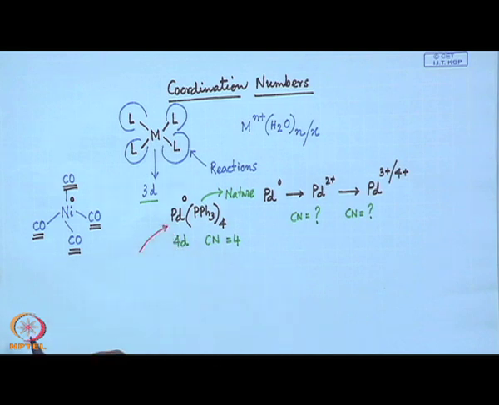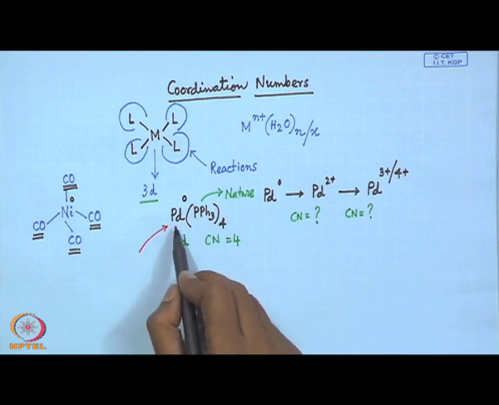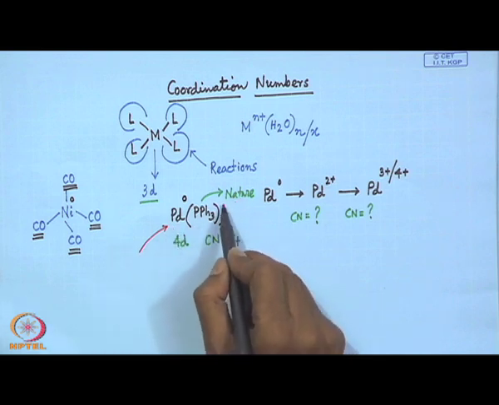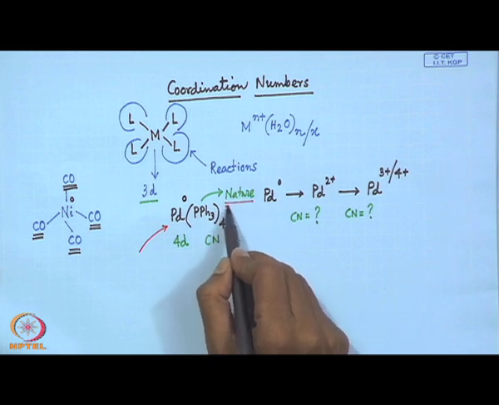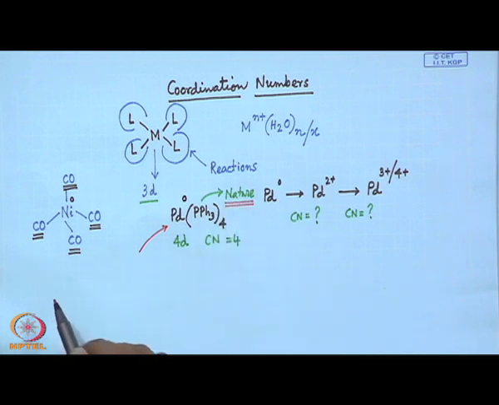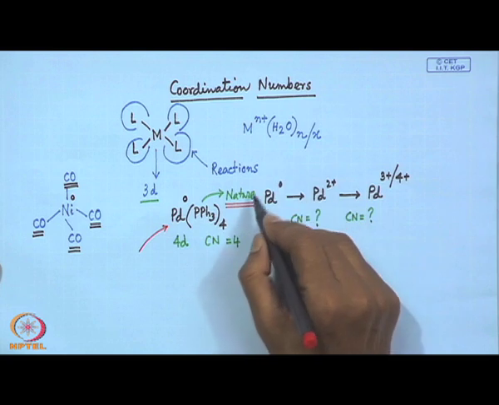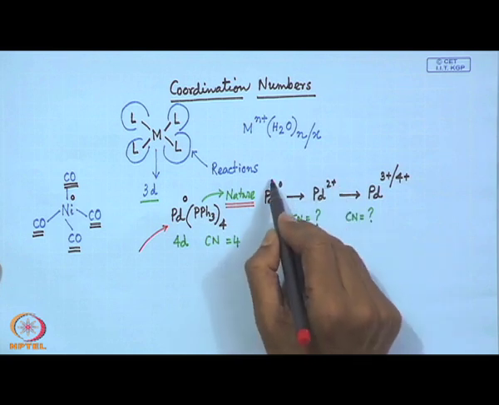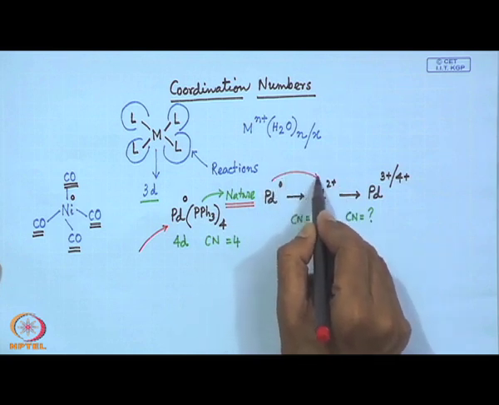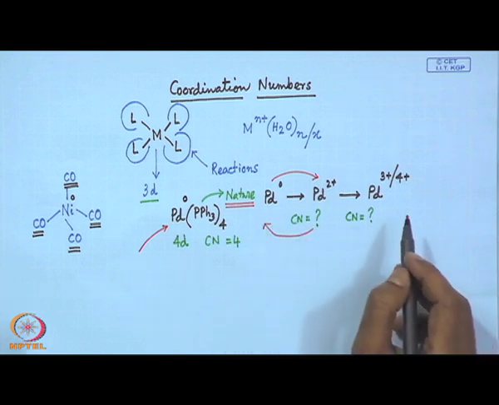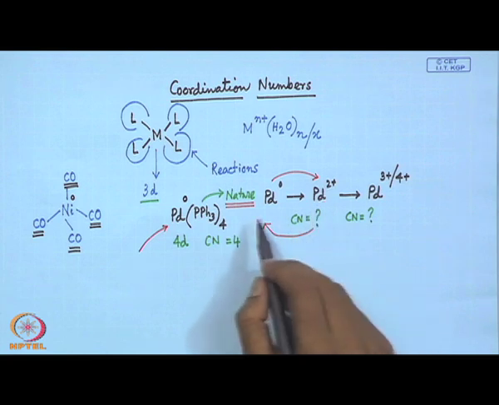So, an incoming group is attacking the palladium center and some phosphine can go. So, the steric bulk of this particular ligand system, which is the existing one, can also play some important role to control these redox transformations if they are cycling between these two oxidation states. That means, if they are going from 0 to 2 plus and 2 plus to 0.